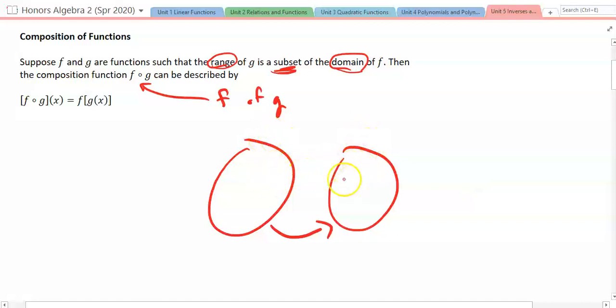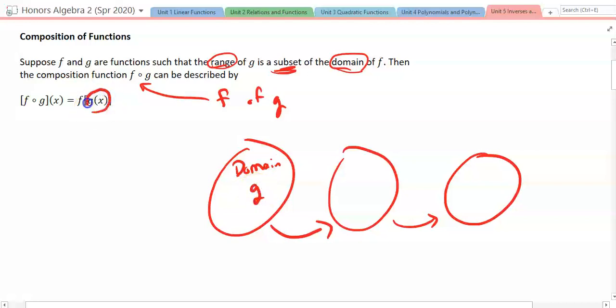And this would go to this, and this would go to this, right? But we're going to be comparing two functions. And so my first function will be the domain of the inside function, which is the g function. And of course, my domain relates to my range of the g function.